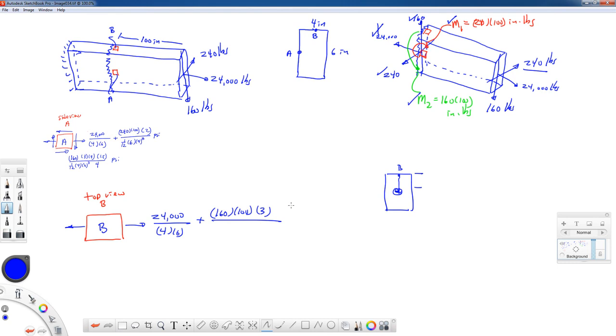Now this is the difficult to bend direction, so we're going to use the high moment of inertia. It's 1/12 the base times the height cubed for that cross-section. So we're done with M2.